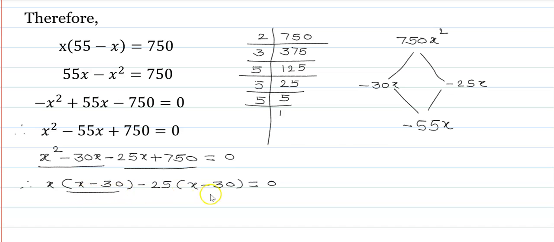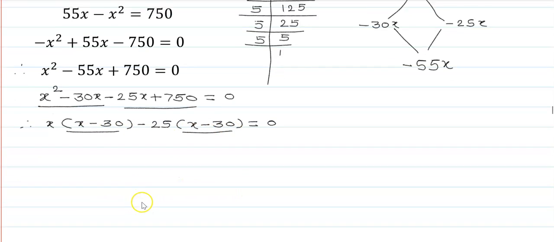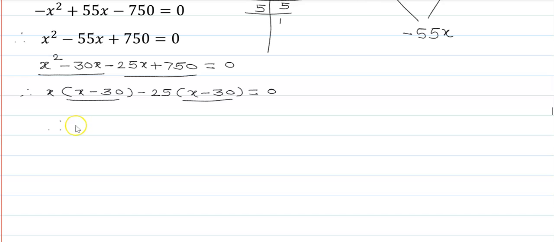Take x minus 30 as a common, and then in bracket here x minus 30, x minus 25, and that equals 0.